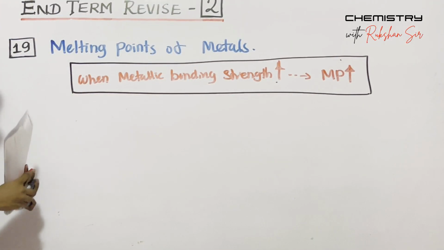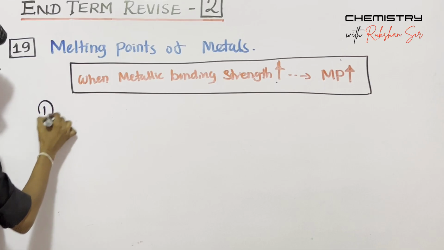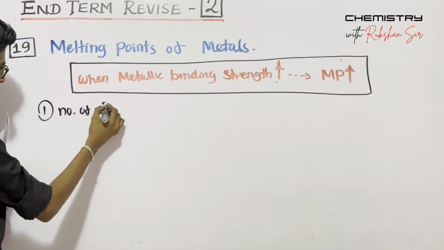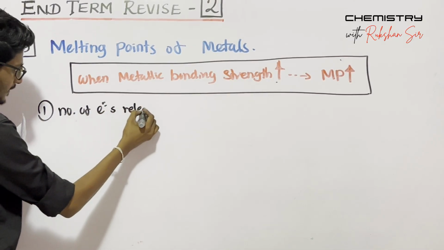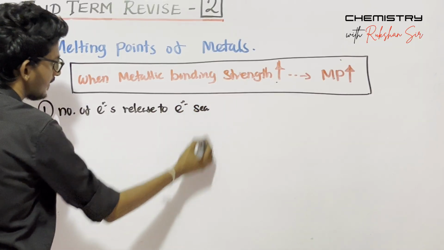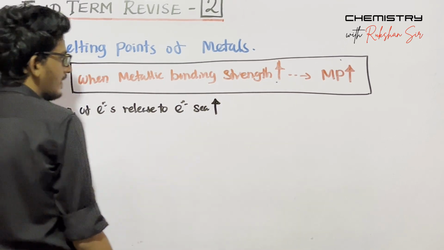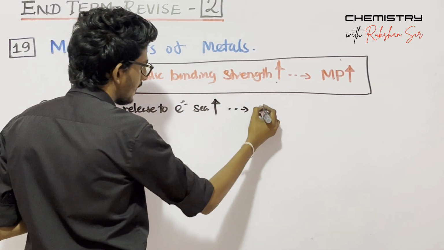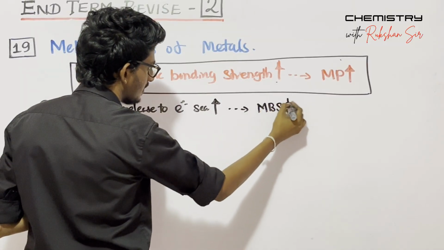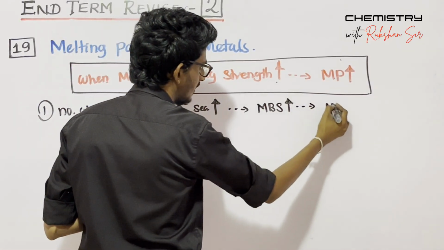And we know there are three factors affecting the metallic bonding strength. What are the three factors? The number of electrons released to the electron sea. When it is high, your metallic bonding strength is high, so your melting points would be high.